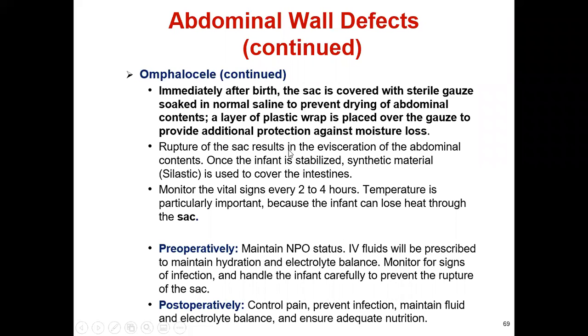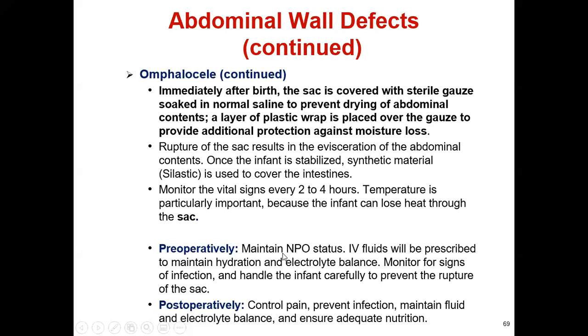Rupture of the sac results in evisceration of abdominal content. Once the infant is stabilized, synthetic material is used to cover the intestine. Monitor the vital signs every 2 to 4 hours, and temperature is particularly important because the infant can lose heat through the sac.